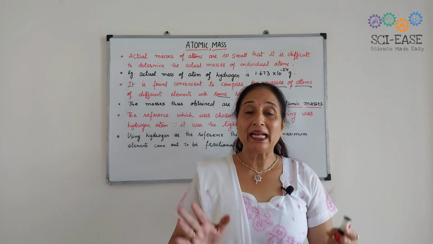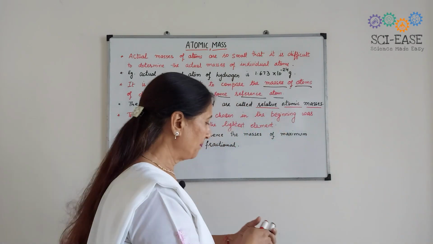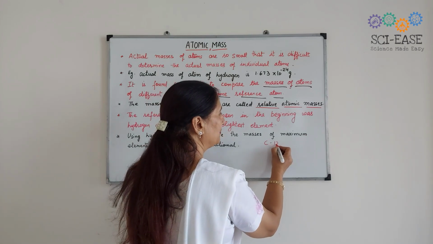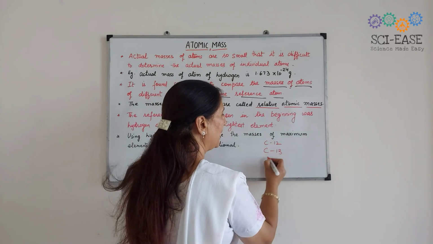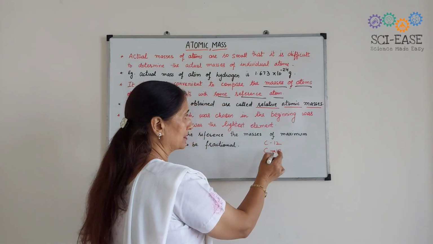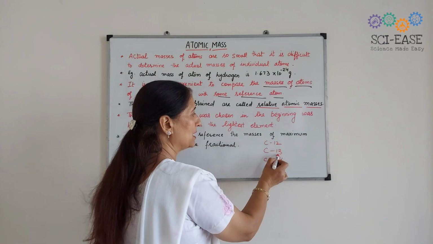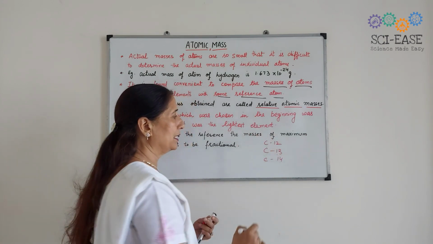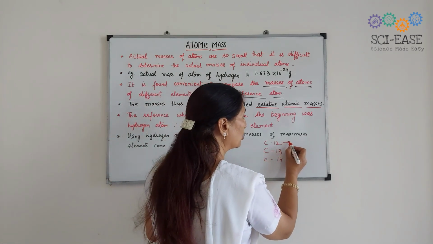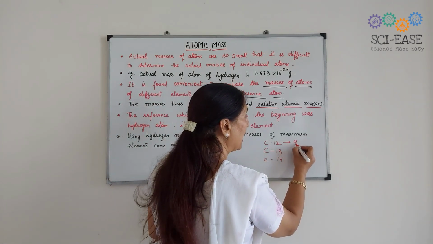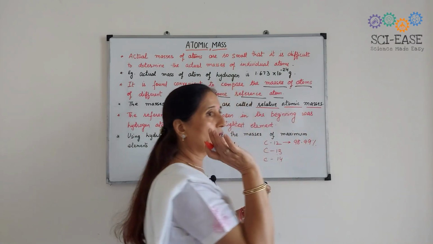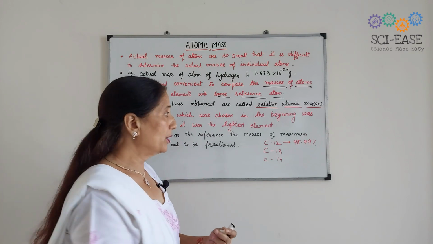You know that carbon has 3 isotopes. What are they? Carbon 12, carbon 13 and carbon 14. These are the atomic masses: carbon 12 has atomic mass 12, then 13, and 14. But the carbon 12 isotope is 98.9% in the surroundings.